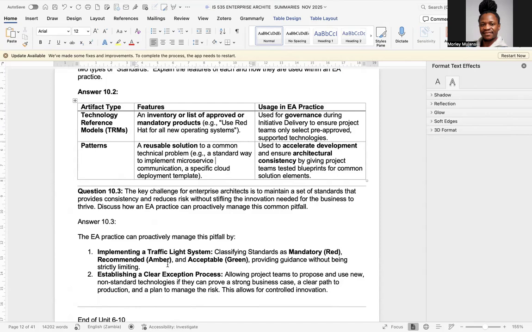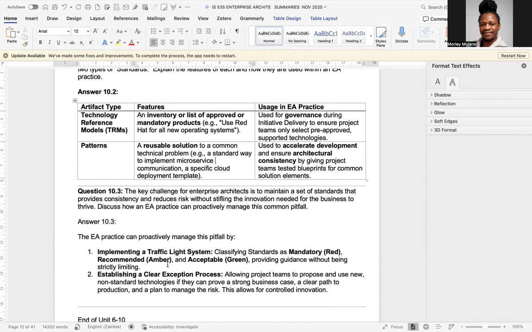And then the standards, there are these technology reference models as well as patterns. These define the approved specific technical products and rules. They are shorter lived. They require continuous maintenance and sometimes sunsetting them.